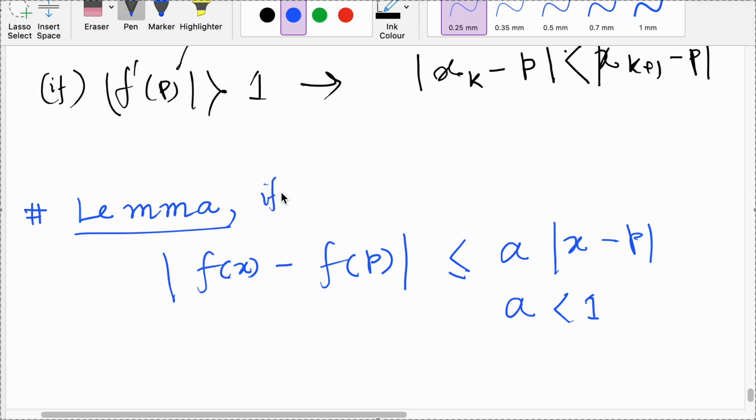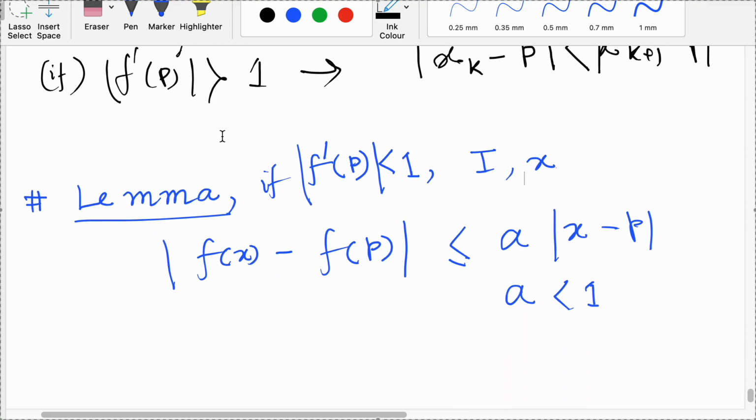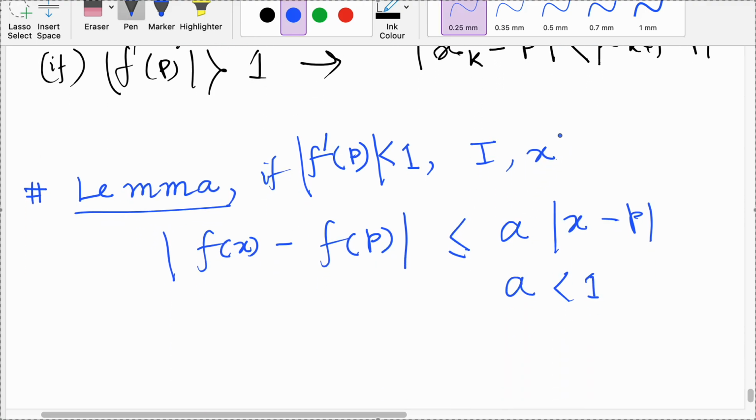If the modulus of f'(p) is less than 1, then there exists an interval I, an open interval obviously, such that all x which belong to this open interval satisfy this relation.